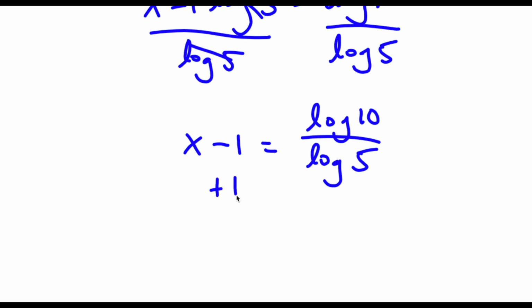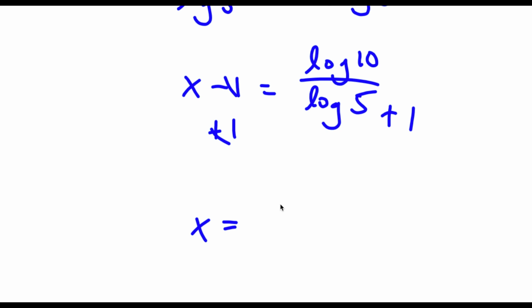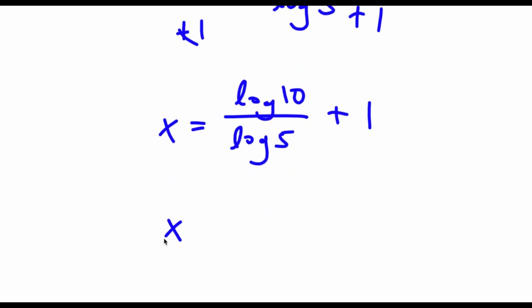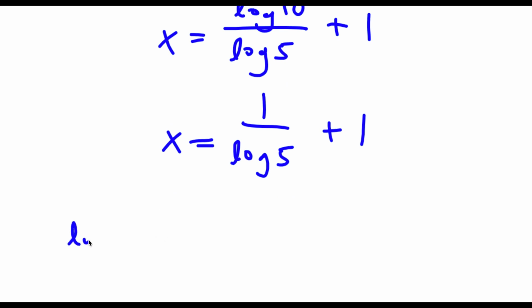So now I'm going to go ahead and add 1 on both sides. So I have x is equal to log 10 over log 5 plus 1. Now log 10, this is the same thing as 1. So now I have x is equal to 1 over log 5 plus 1. Now log 5, this is equal to 0.6990.